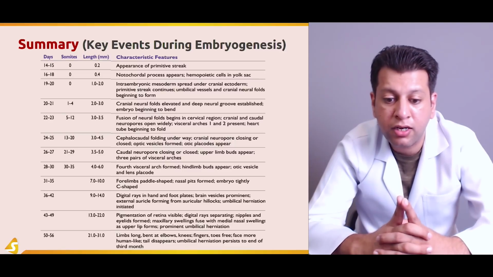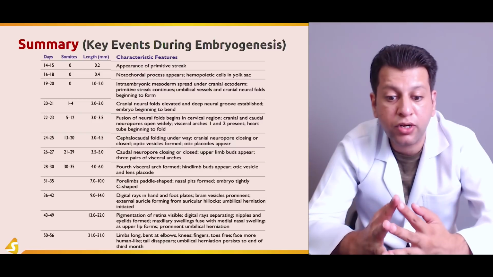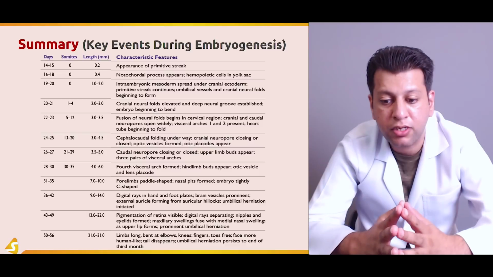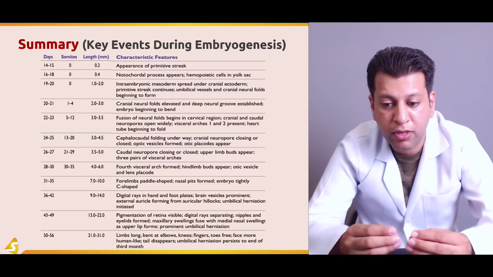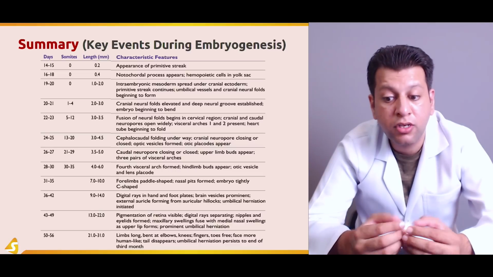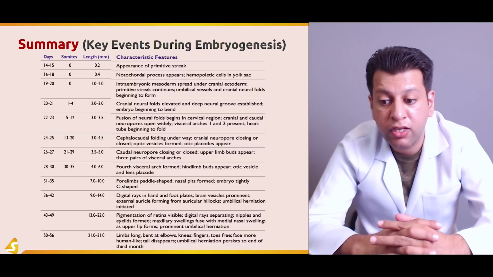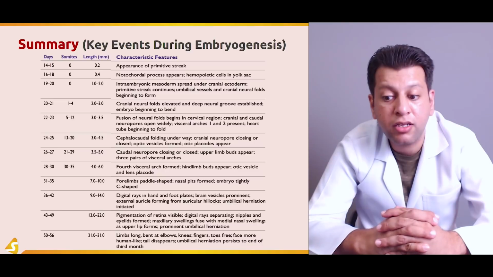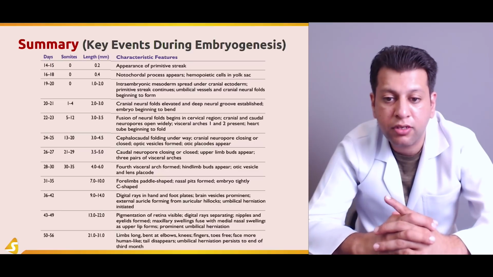Prominent umbilical herniation takes place at day 43 to 49. In the 8th week, at days 50 to 56, the limbs become long and bent at the elbows and knees, fingers and toes are free, the face is more human-like, the tail disappears, and umbilical herniation persists to the end of the 3rd month.